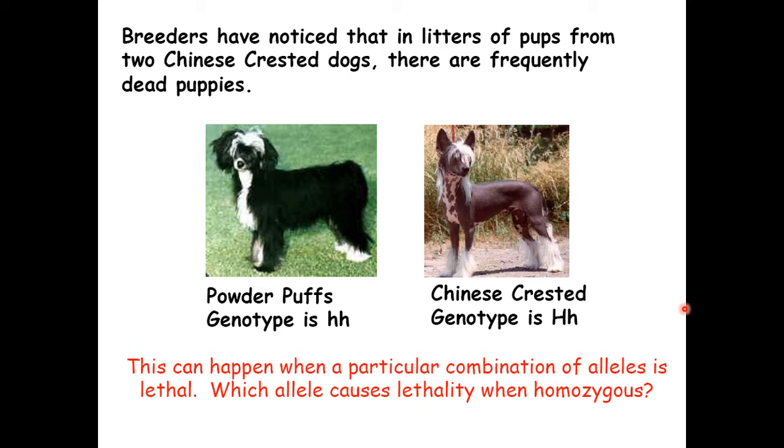So when I'm asking which allele, you should answer either the big H or the small h, right? Because in this case, you don't really know which one is dominant.